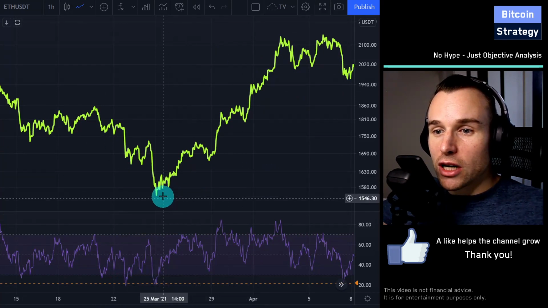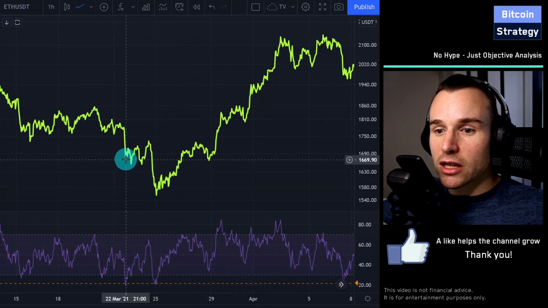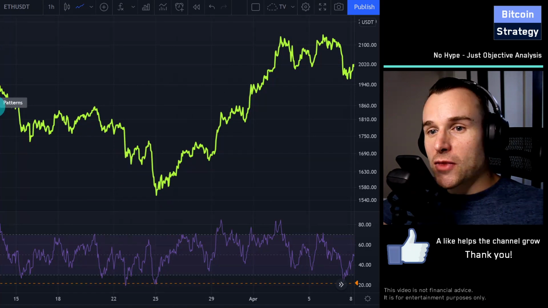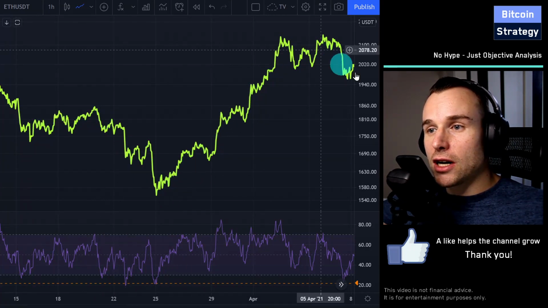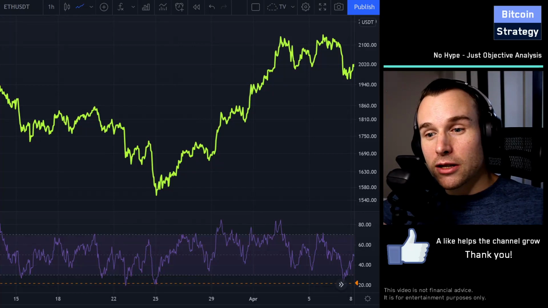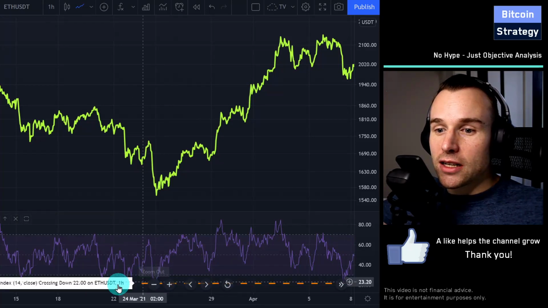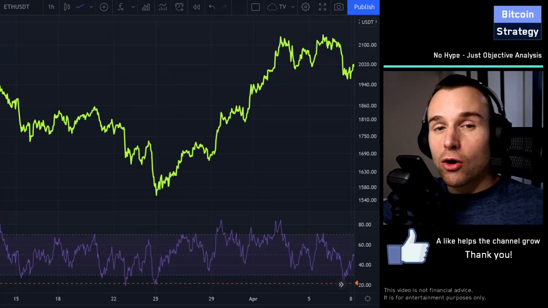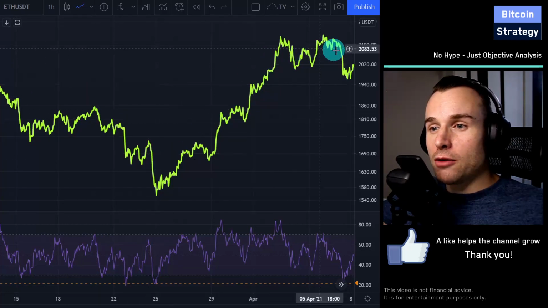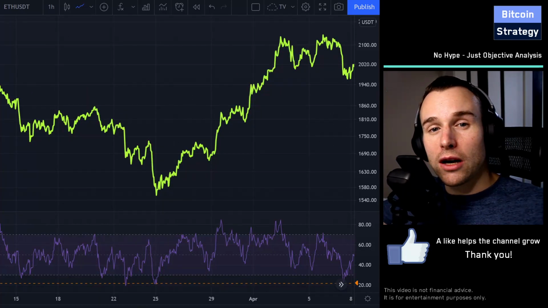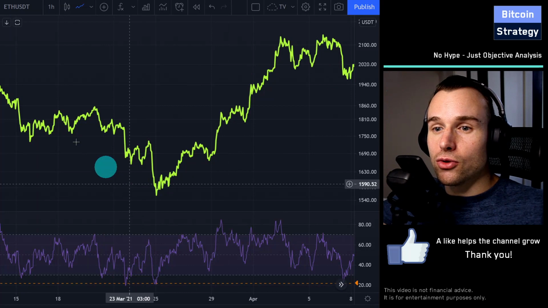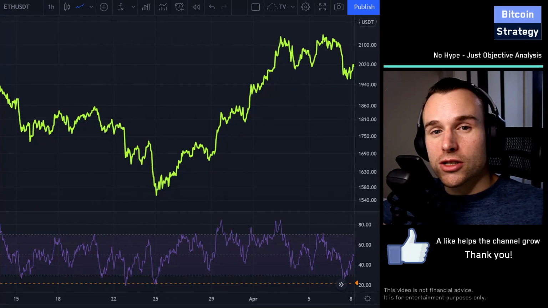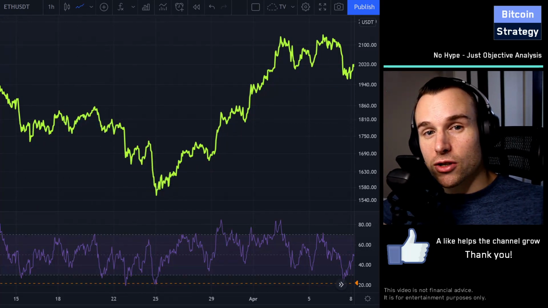So I would look at the prices over here, and I would look at the prices over here, and I would compare this with the average of all of the prices in the data set. And if you find out that the subsets of data, whenever the RSI is low, show lower than random prices, then we know we have a good indicator over here to use this for dollar cost averaging to get cheaper prices short term.